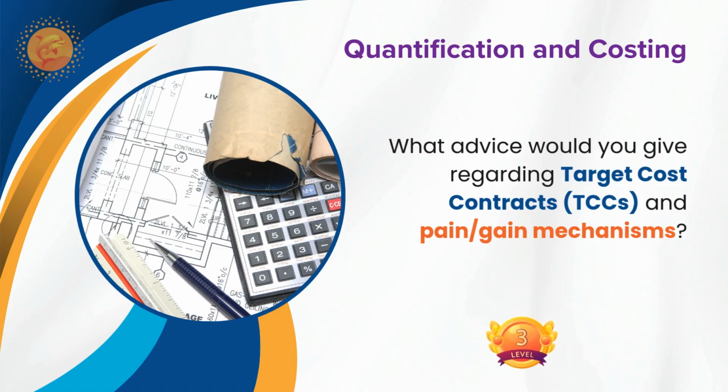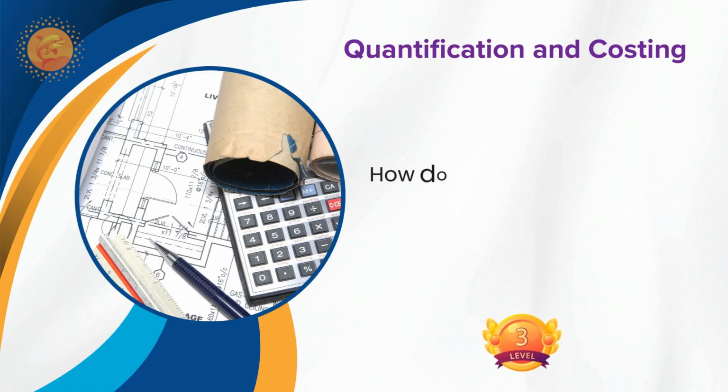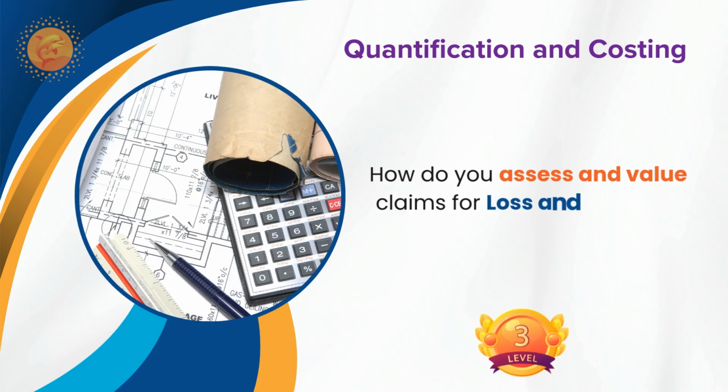Yes. Thank you. The next one is, again, loss and expense, but the one we have seen was through contractual responses. But here it is about how do you assess and value claims for loss and expense. Now he is claiming something, contractor, or you are a contractor, you are preparing it.